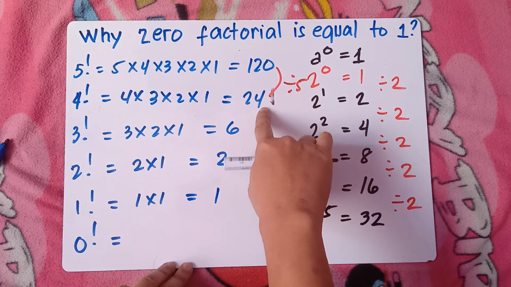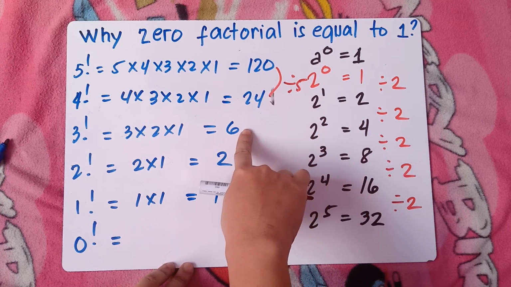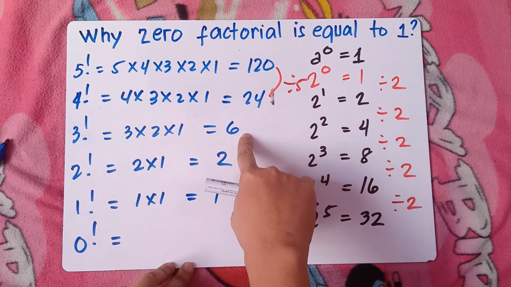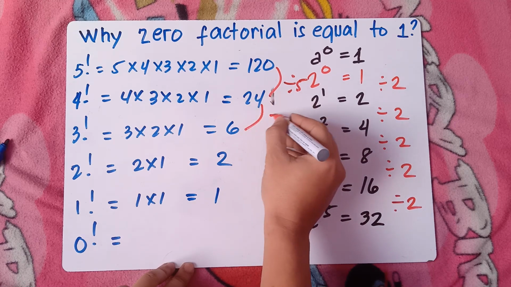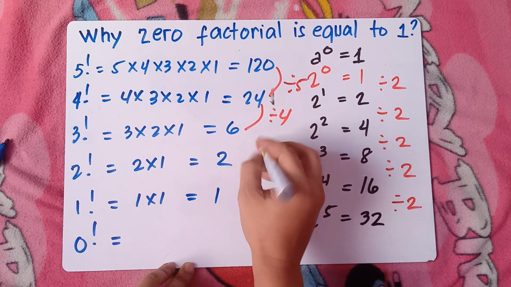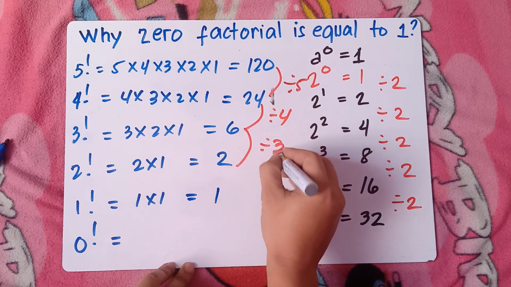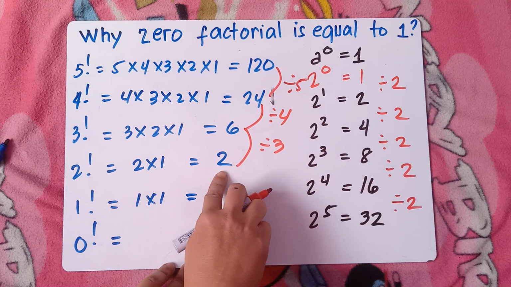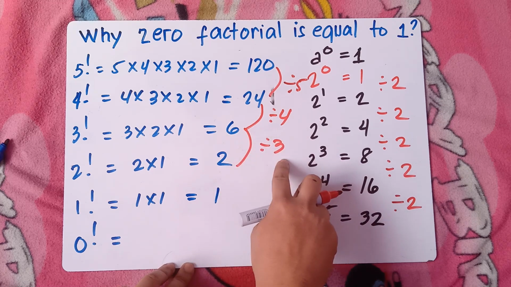Now what number do you divide 24 by so that you can get 6? When you divide 24 by 4, you get 6. And when you divide 6 by 3, you get 2, right?